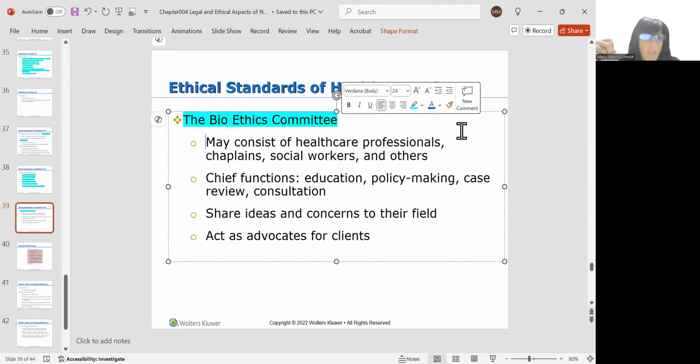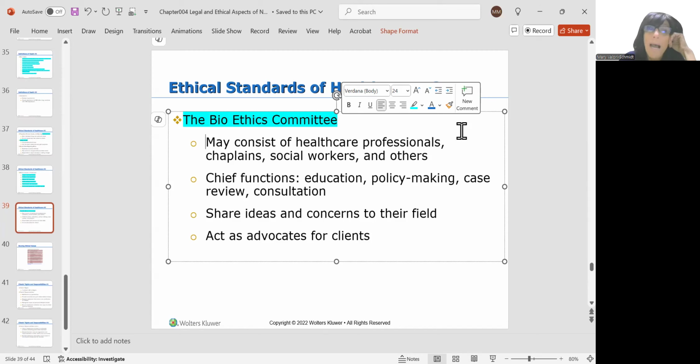It's made up of a lot of different healthcare professionals, chaplains, priests, ministers, social workers, etc. They get together to share their ideas and try to act as advocates for clients. If you've got a patient on life support and one family member says pull the plug, and another family member says no, don't, that becomes an ethical dilemma. An ethical dilemma is one where there are two choices and someone has to choose, but the family or the caregivers don't agree.